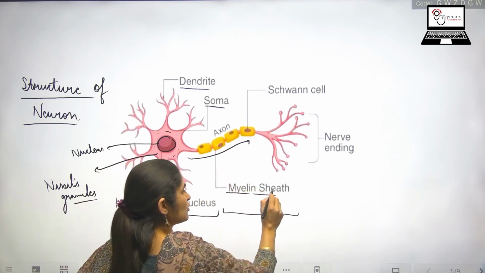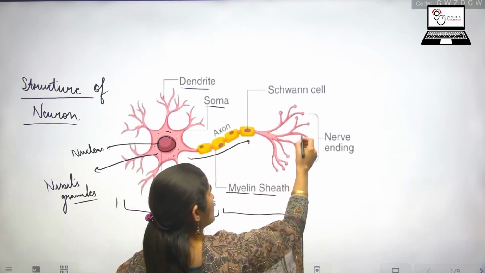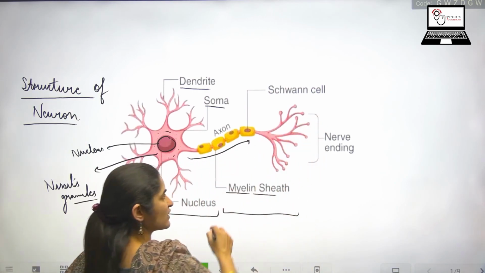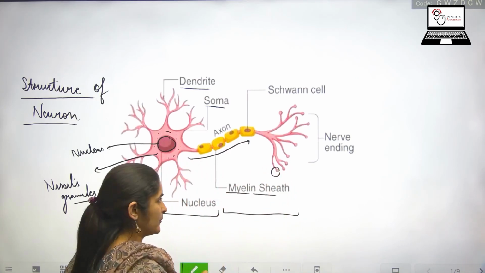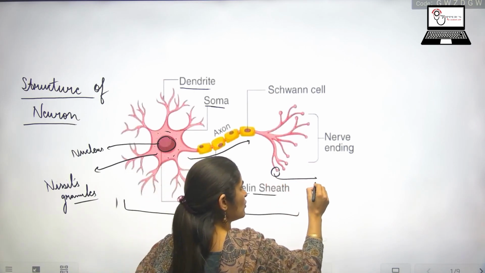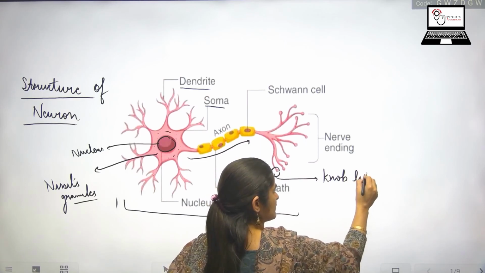This axon is surrounded by a sheath known as the myelin sheath, and at the end of the axon, nerve endings are there. These nerve endings are swollen at the end, which forms a knob-like structure.